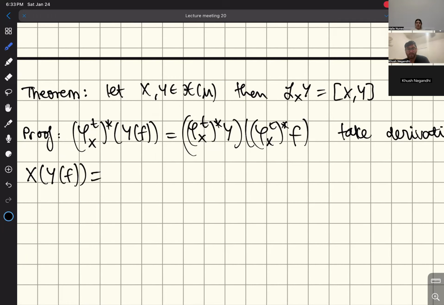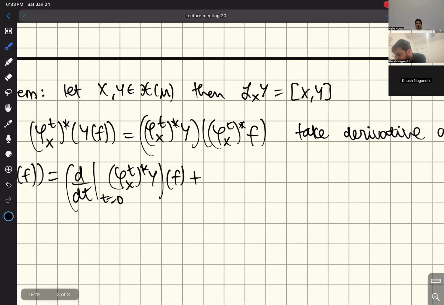And now we have to do chain rule, product rule, to get d by dt at t equals 0 of the pullback at Y evaluated at f, plus Y times d by dt at t equals 0.